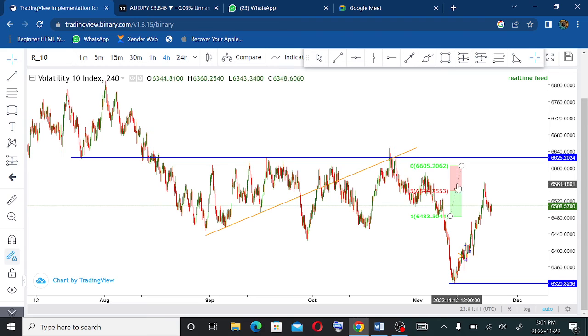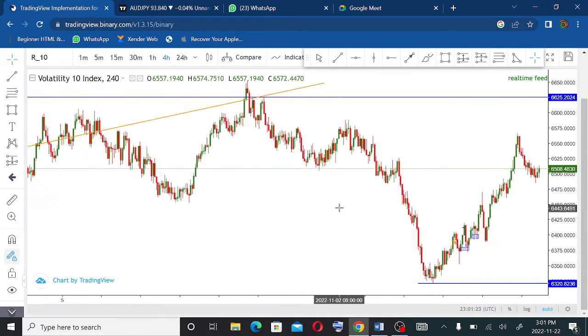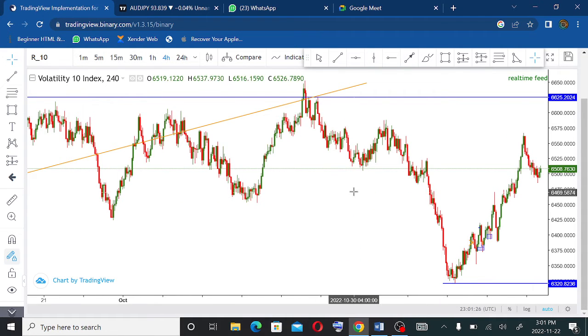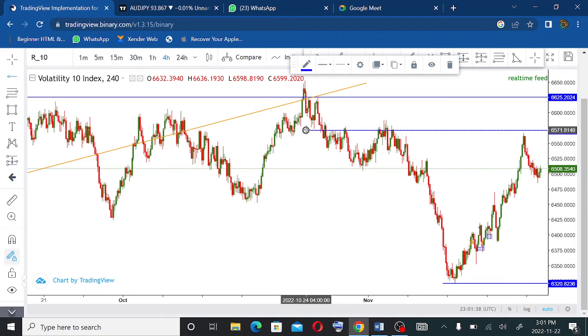Okay, so I want to delete this. So basically what do we do? This market is a little bit not clear, but we still know how to go about it. Okay, good. So now we had the market push to the upside and break the structure. Ever since the market broke this area, we've not had the market come back to retest it.